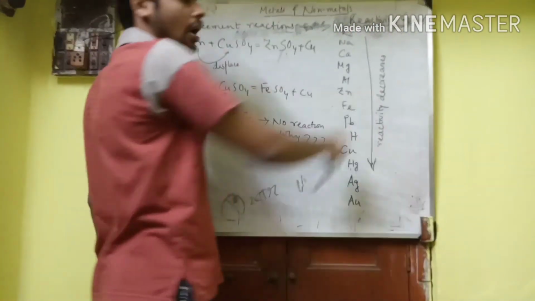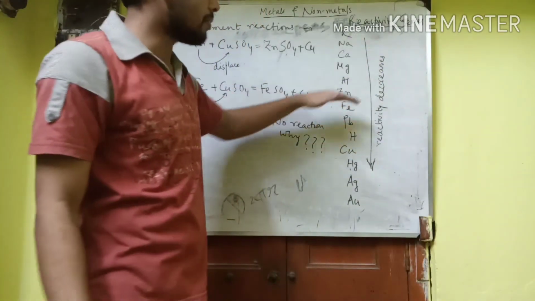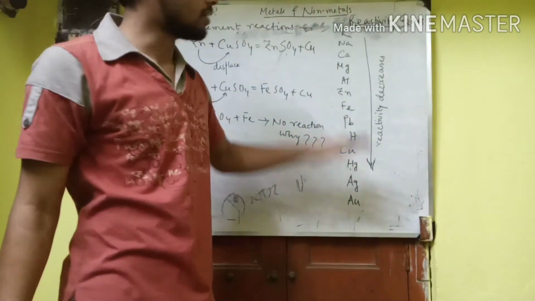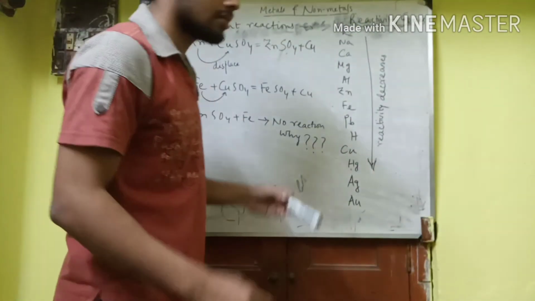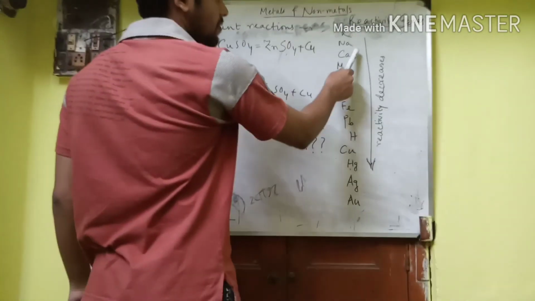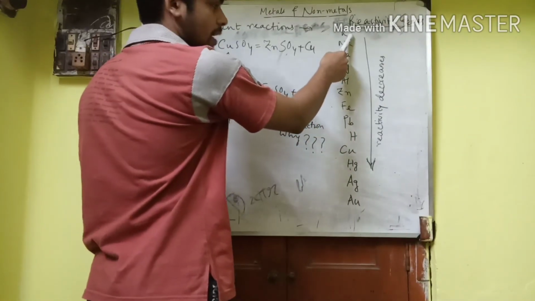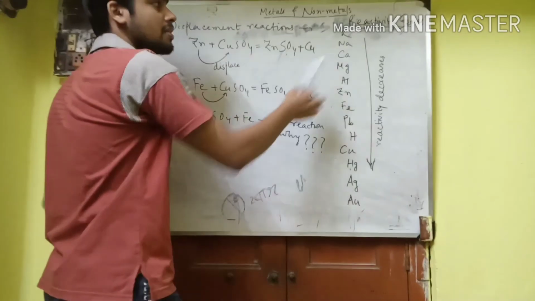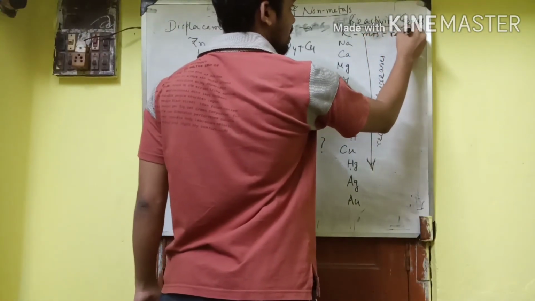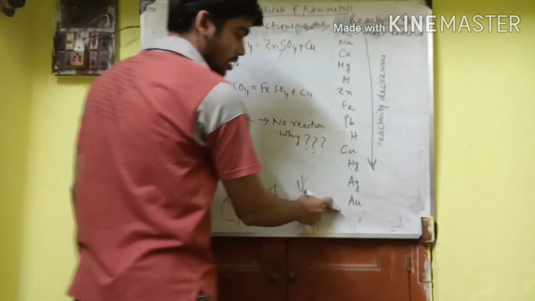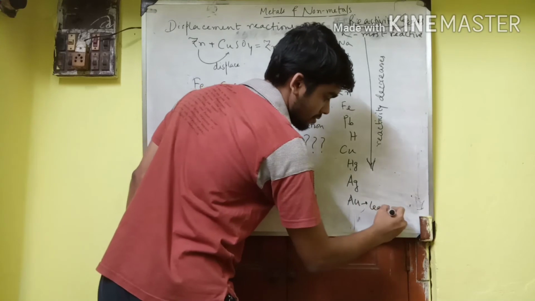when we go downwards, the reactivity of the metals decreases. That means sodium is less reactive than potassium. Basically, potassium is the most reactive, and the last, that is gold, is the least reactive.